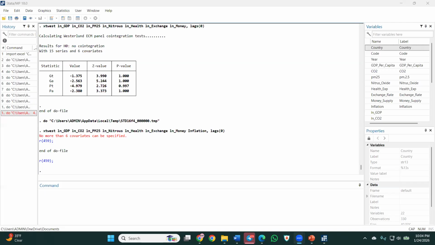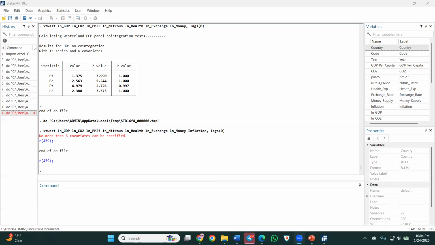You see the Westerlund, not even only the Westerlund, the cointegration, it does not give you individual results. It does not give individual result to each variable.